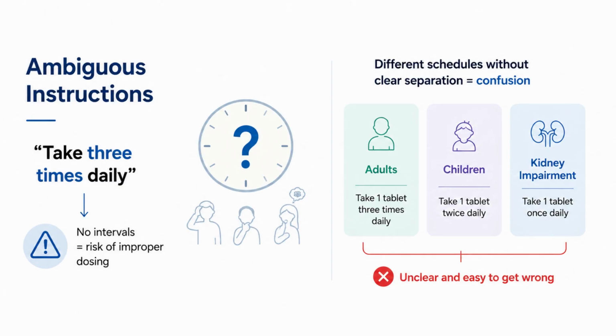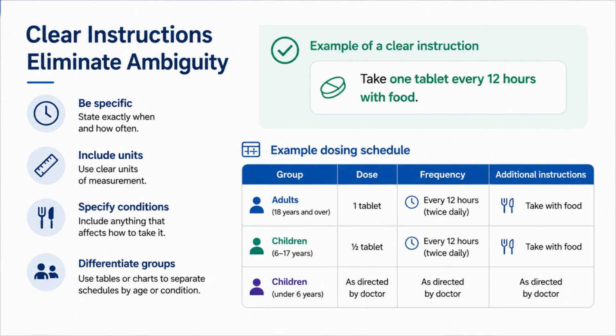To eliminate ambiguity, dosage instructions should be as specific as possible, including precise timing, units of measurement, and any necessary conditions, such as take 1 tablet every 12 hours with food. Using tables or charts to differentiate dosing schedules for different groups, such as adults and children, also helps reduce confusion.